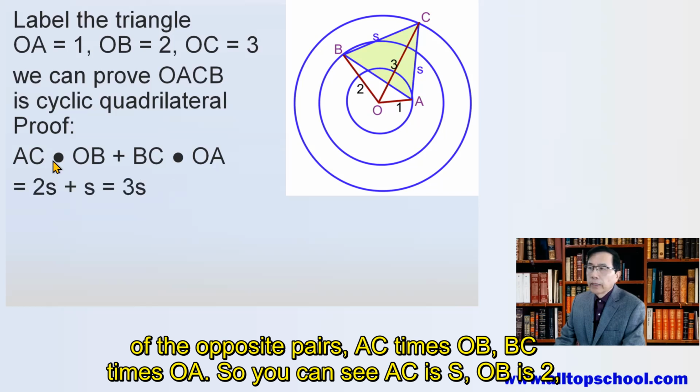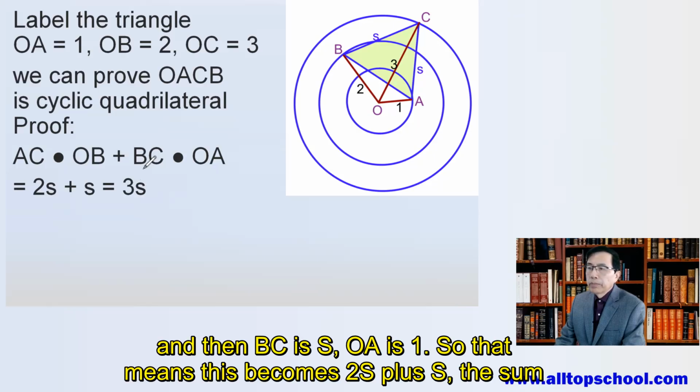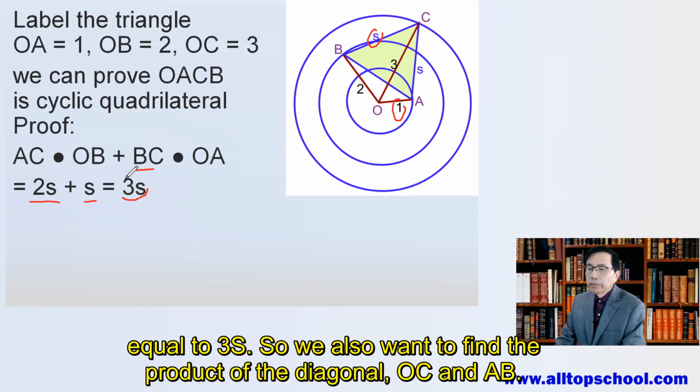You can see AC is S, OB is 2, and BC is S, OA is 1. So this becomes 2S plus S, the sum equal to 3S.